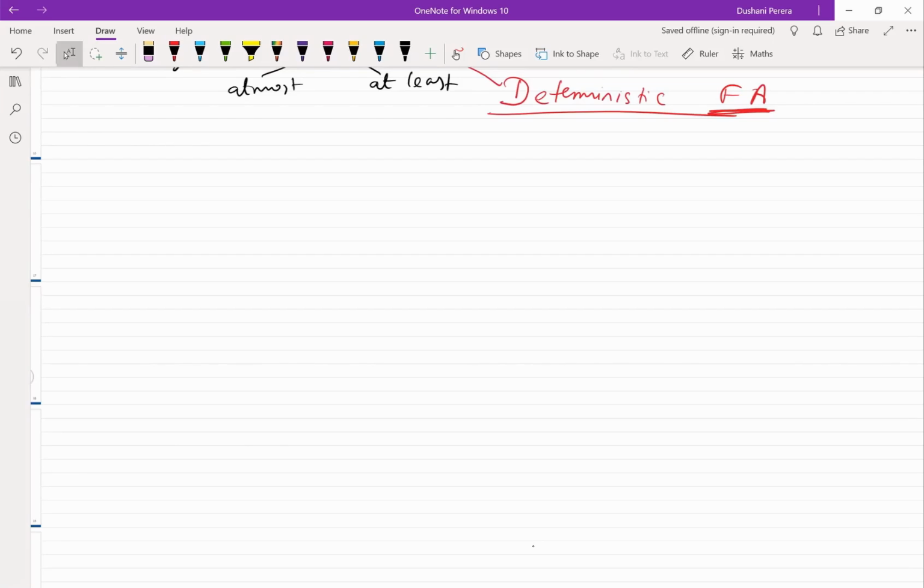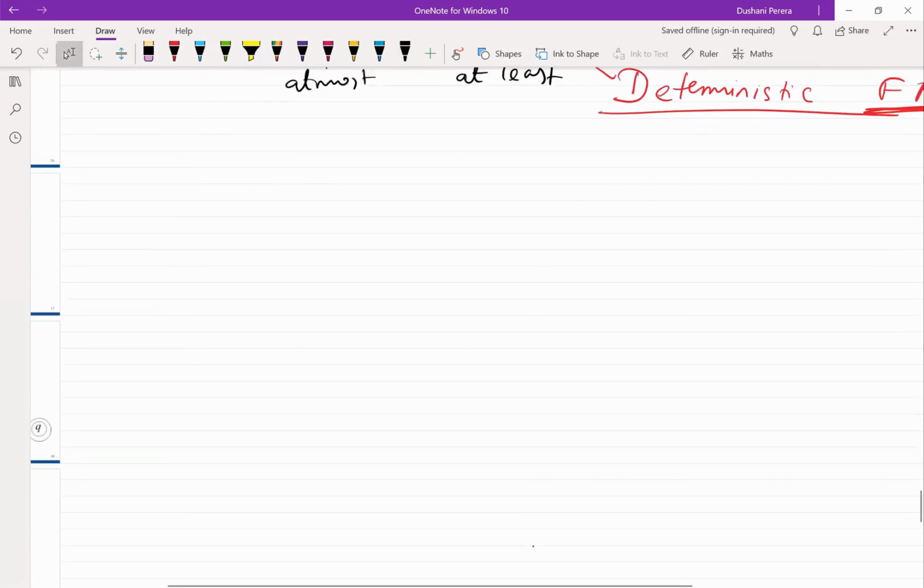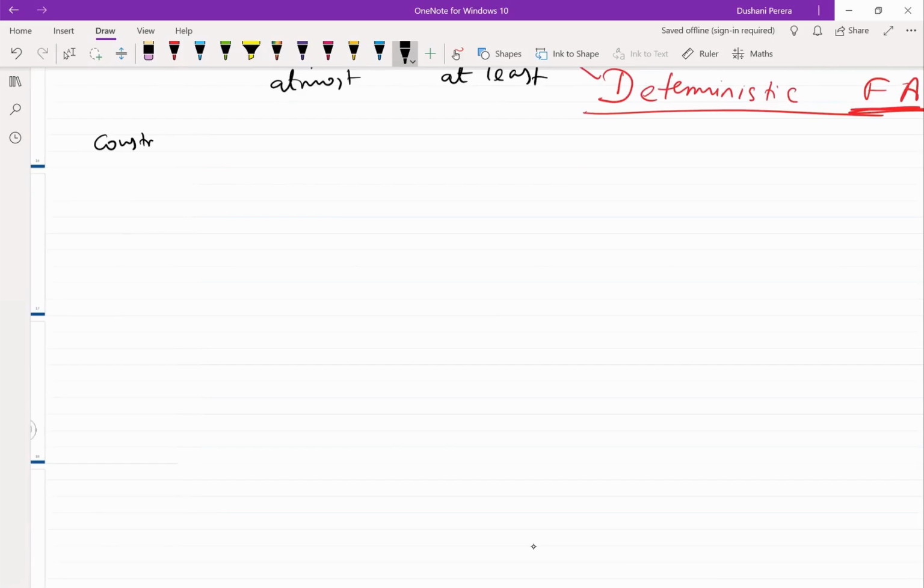Okay, now let's say we want to construct a DFA that will accept strings of length 2. Our sigma will be A, B as usual.